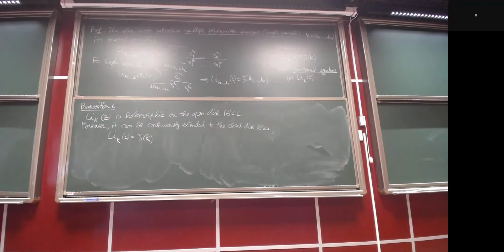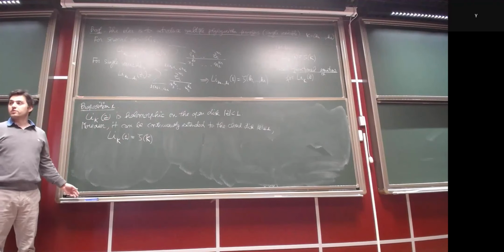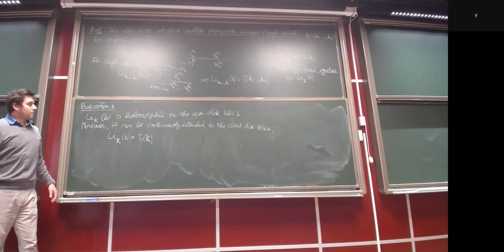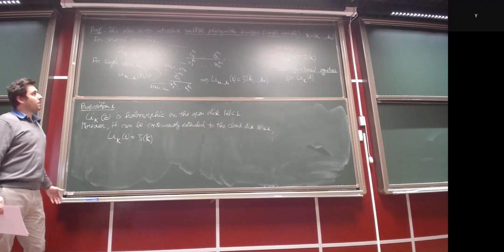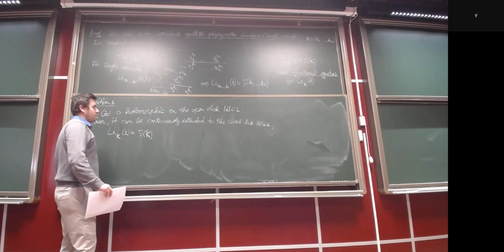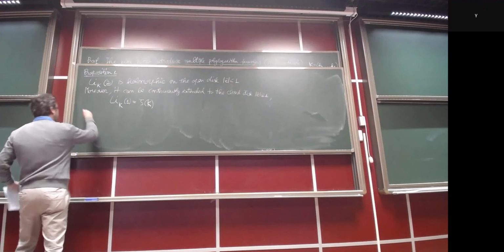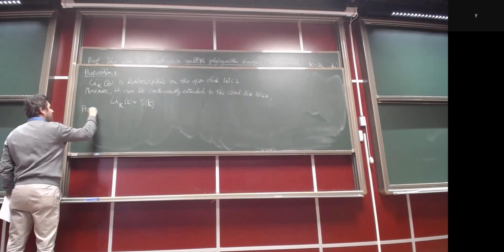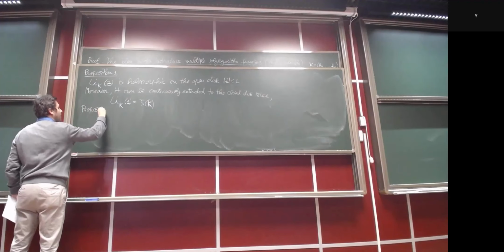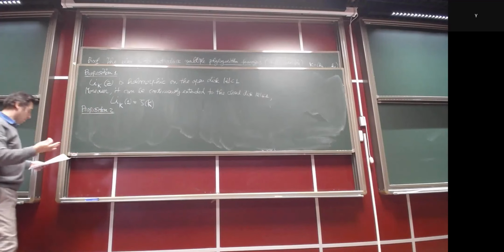And like I said, we'd like to find some kind of functional equations. Well, there are plenty of functional equations that multiple polylogarithms satisfy, but the easiest one is given by the following. Let me just write it. So proposition 2, and in fact, this will be a key ingredient in proving Kontsevich's theorem.